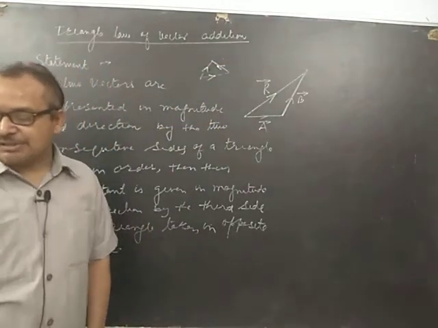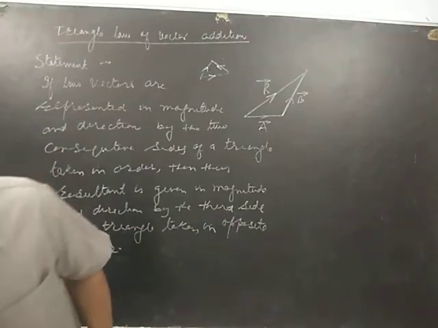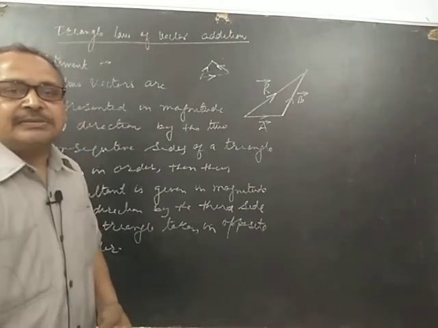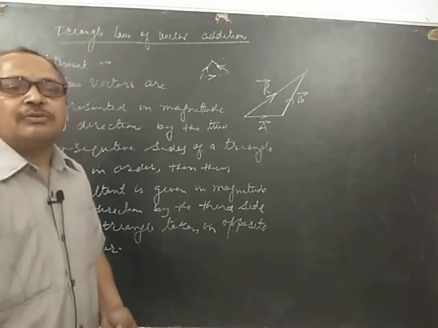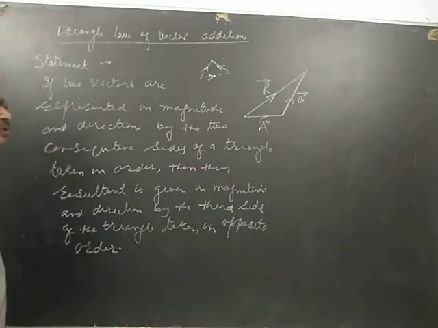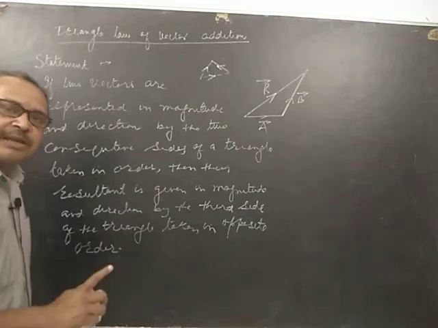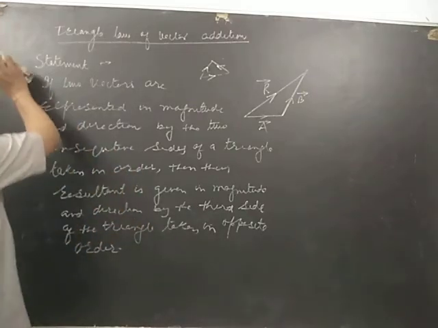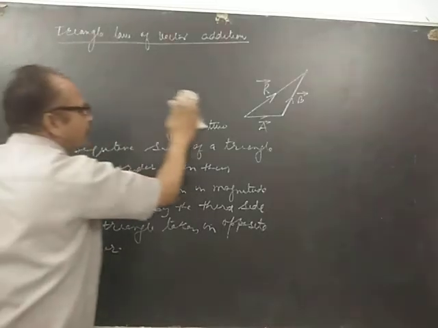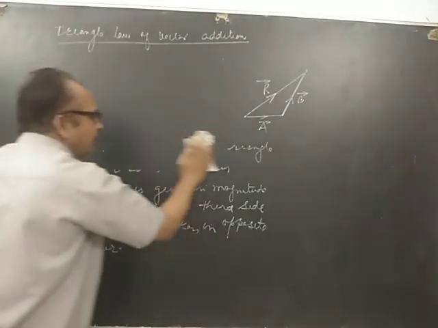Now this is our statement and now we want to prove it, whether this is correct and how we then find the resultant of these two vectors. Am I clear? So let us start with the proof.